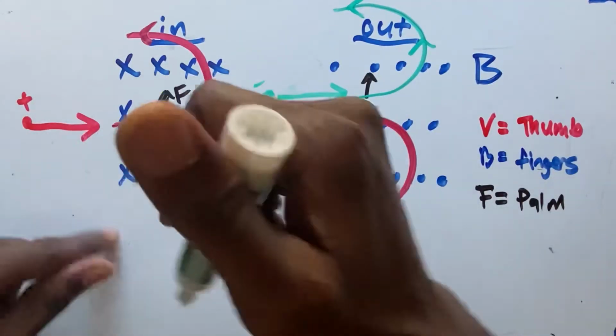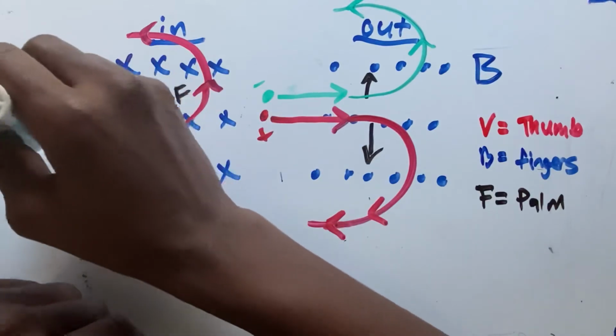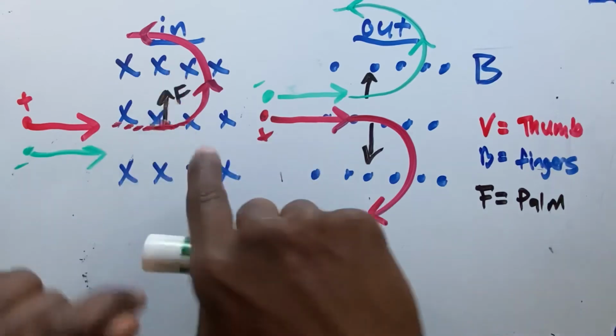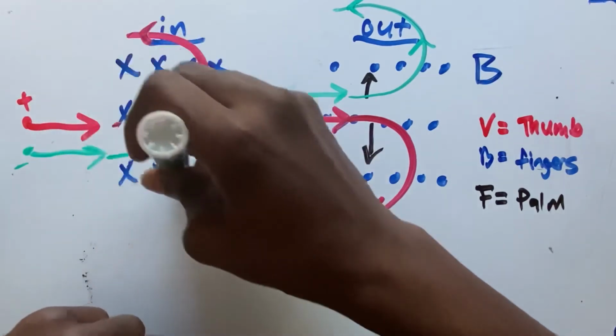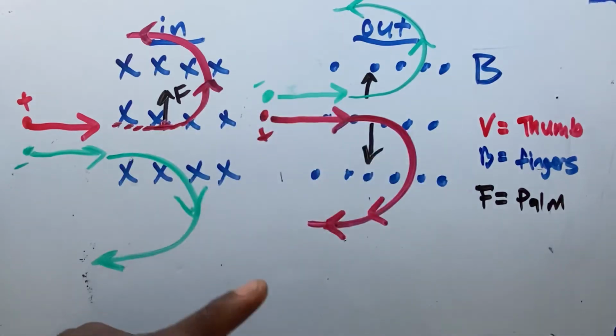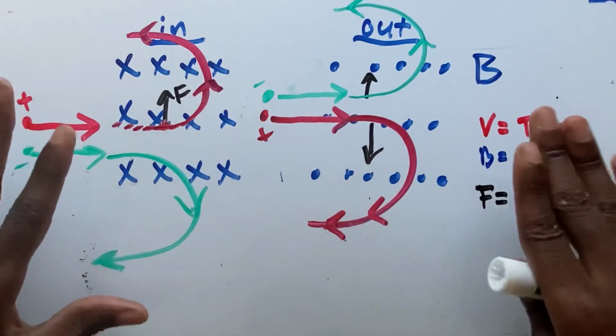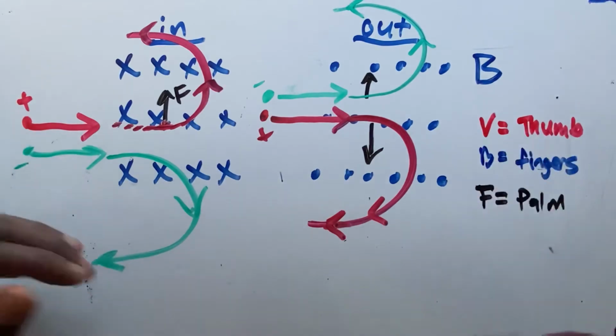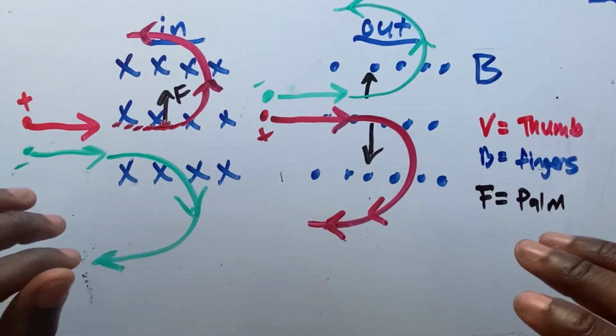Similarly, if I were to have a negative charge over here going in that way, instead of the force being upwards, the force is going to be downwards, and it's going to go in that direction. Boom. So that's going to take a little practice. Just let that sit, think on it, take it slow.